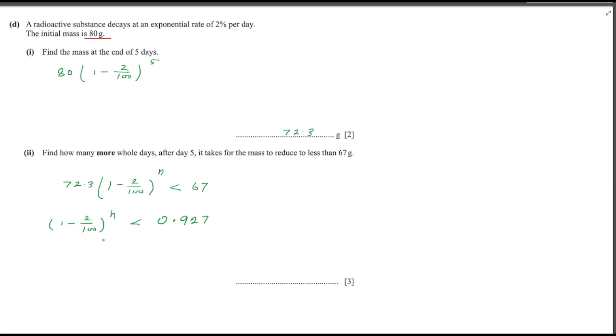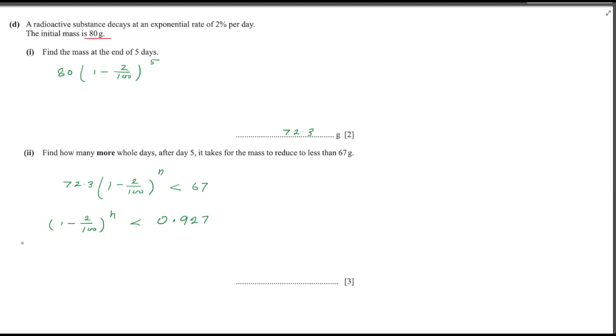Let us try different values of n and see when I will get a value less than this. So 1 minus 2 divided by 100 is 49 divided by 50. Now 49 divided by 50 is 0.98. So 0.98 power, let us start with 5. It will be 0.90. Okay, 0.98 power 3, if I do, is 0.94.